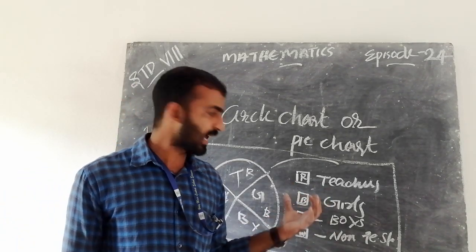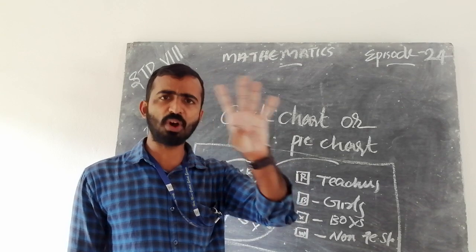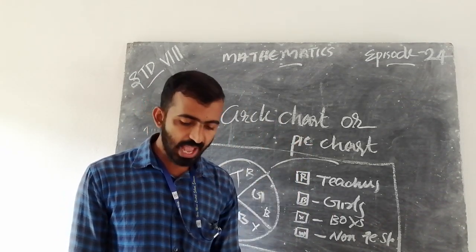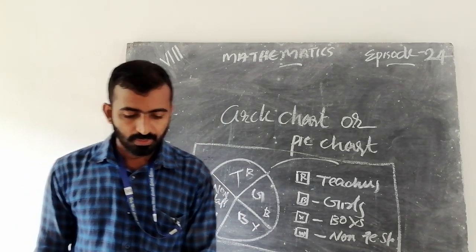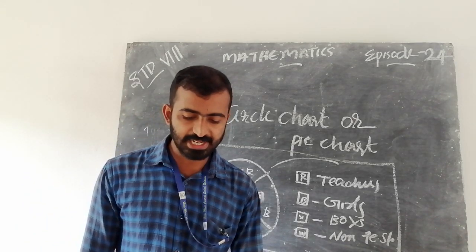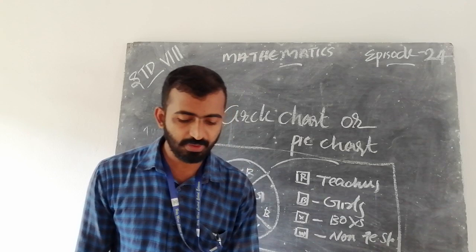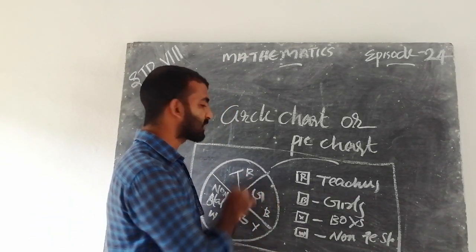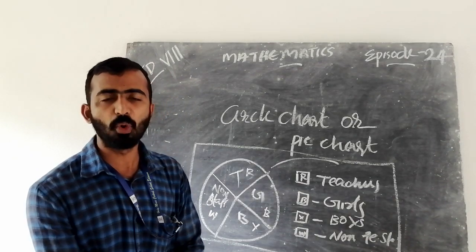Here we divide the circle in 4 various sectors, and the size of each sector is proportional to the information or activity to represent. That is, this size shows the activity or proportion.